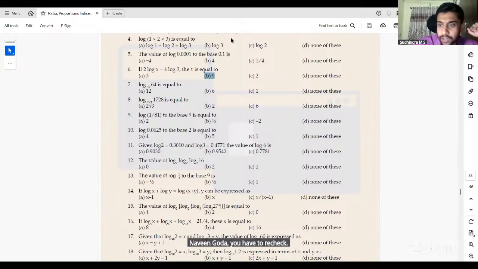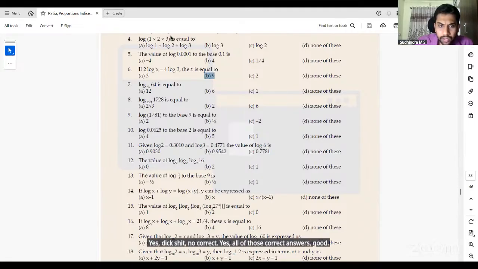Geetanjali, correct. Pranav Hegde, you have to recheck. Yes, Manvit, now correct. Kushal, Annapurna Nayak, you have to recheck. Yes, Dikshit, now correct. Yes, all others correct answers.